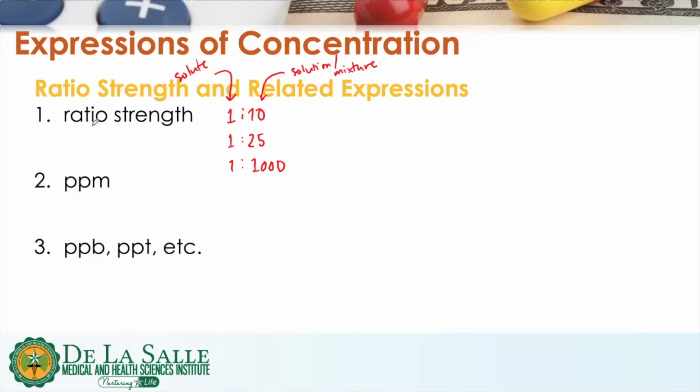Now, just like in percent strength, ratio strengths can be expressed as weight in weight, volume in volume, or weight in volume. What does it mean? If the ratio strength is expressed as weight in weight, then a 1 is to 10 solution contains 1 gram of the solute per 10 grams of the solution or the mixture.